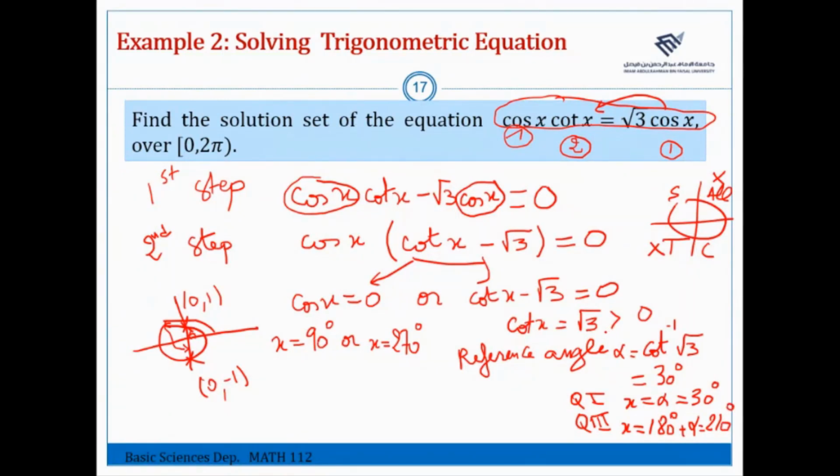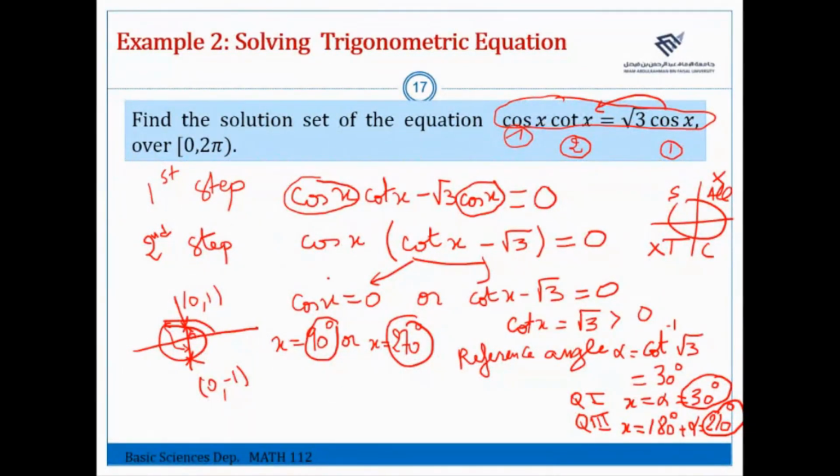So how many solutions do we have? Now we are done. This is one solution, this is the second, this is the third, and this is the fourth. So the solution set is these four angles.